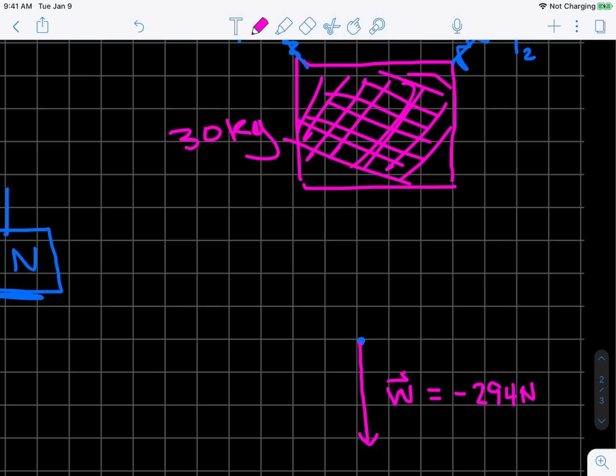Now it's not moving, which means there's an upward force that is exactly equal to that force, or their magnitudes are equal. We're going to call this the total tension, and the total tension is equal to a positive 294.